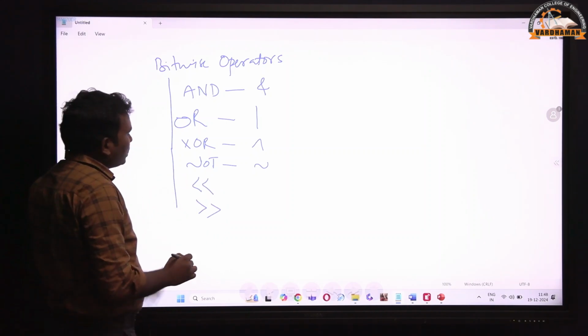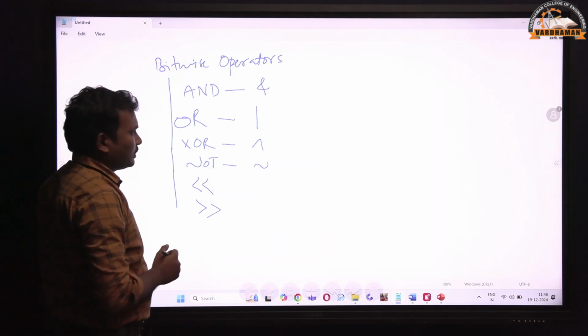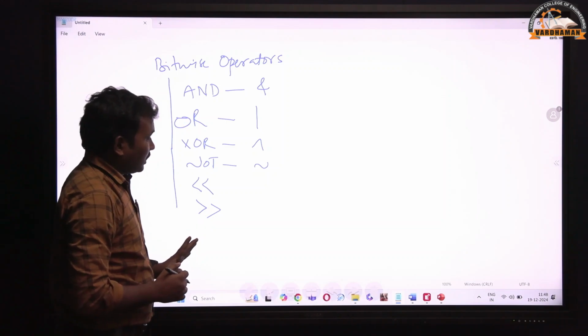Okay, these are the operators we are going to use in bitwise operations. Now we'll see them one after another.